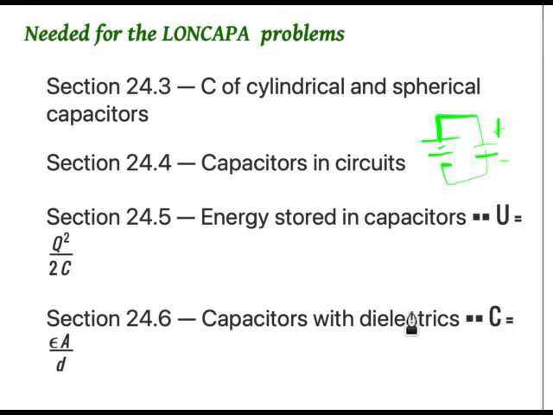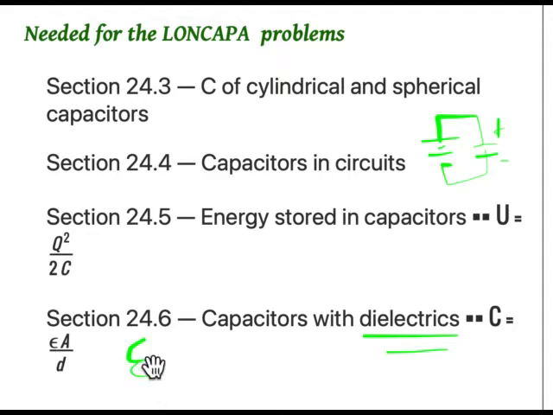Section 6 consists of capacitors where the insulating material between the plates is not vacuum, but a dielectric. Then the capacitance is not epsilon 0 A over D, it's epsilon A over D, where epsilon is the dielectric constant for the material that you put between the plates. Epsilon 0 is called the permittivity of the vacuum.